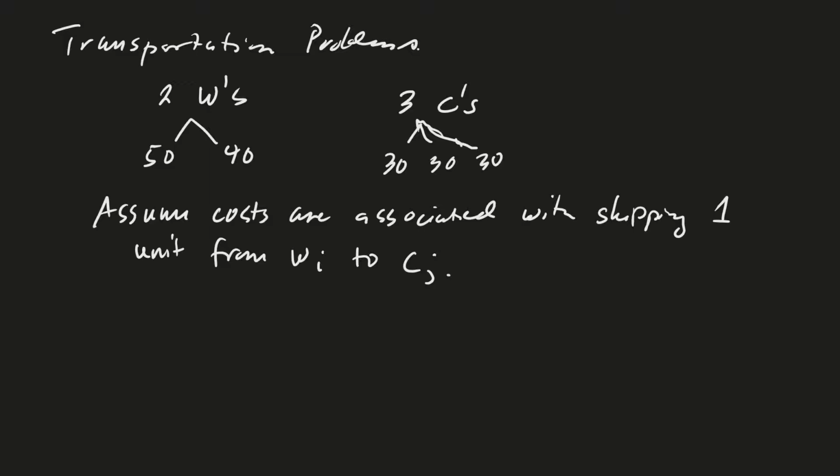What should my decision variables be? It's probably easiest to write our decision variables in two dimensions, or two subscripts.